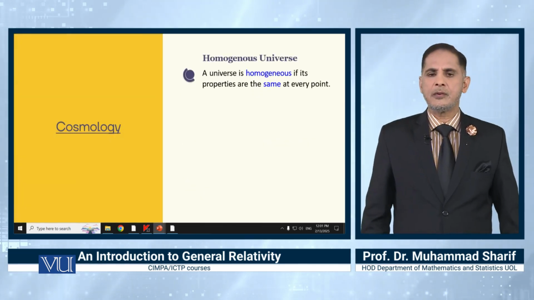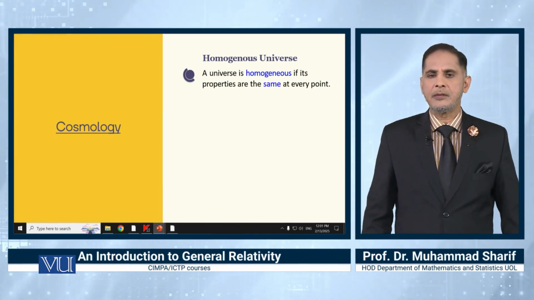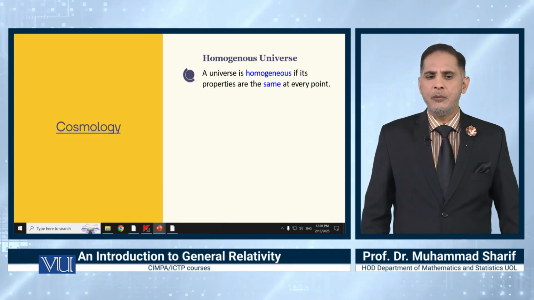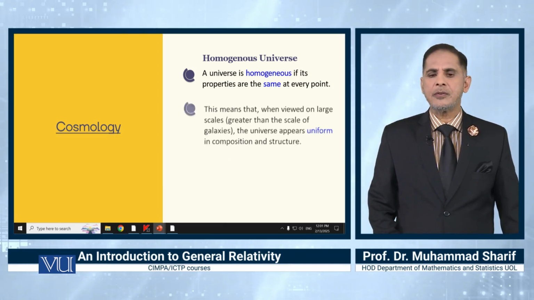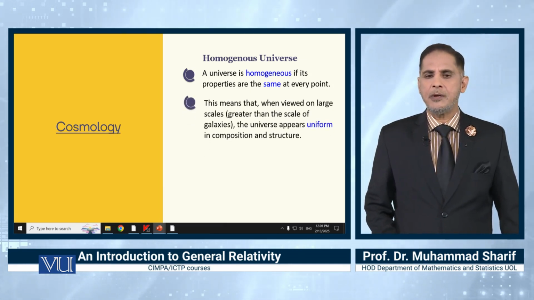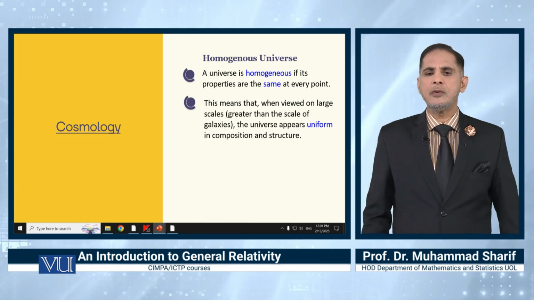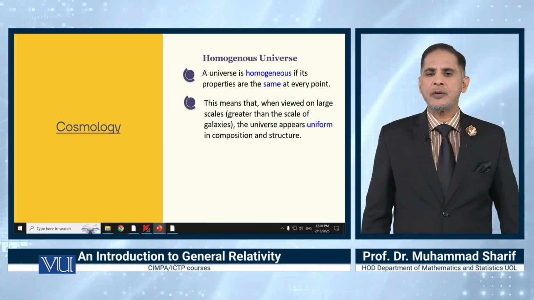First, we define two important properties of the universe, that is the homogeneous universe and the isotropic universe. A homogeneous universe is one where all the properties of the universe are the same at every point. So, it means the universe looks the same at all positions.